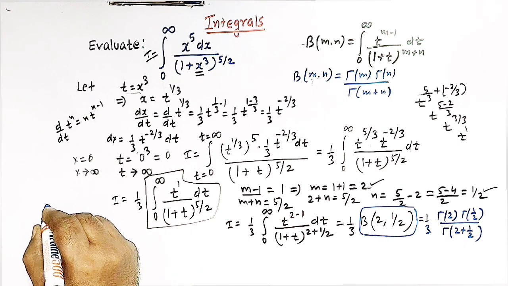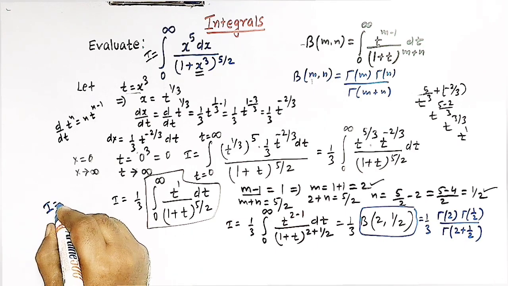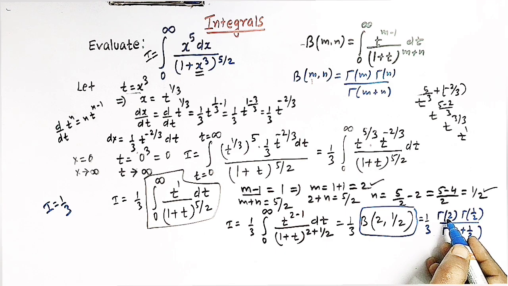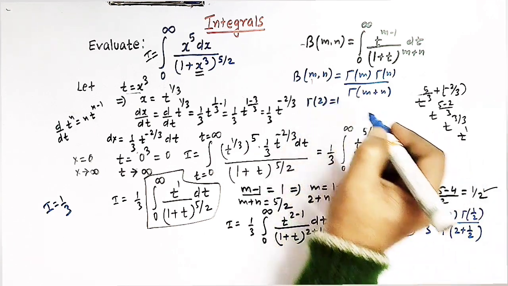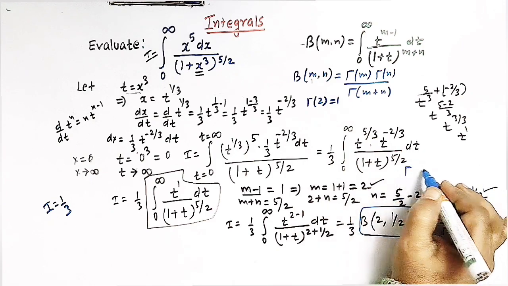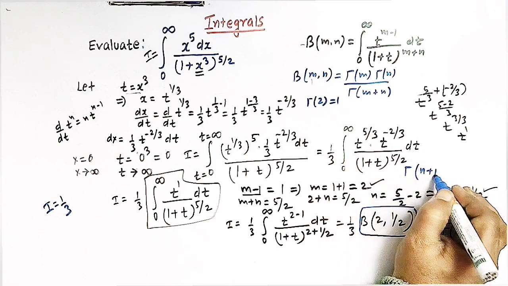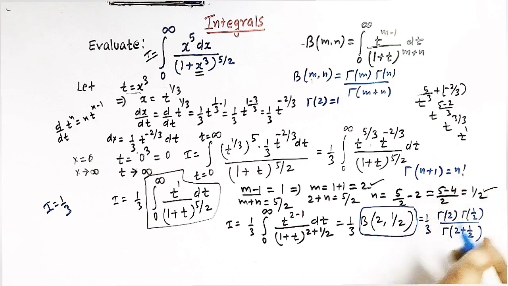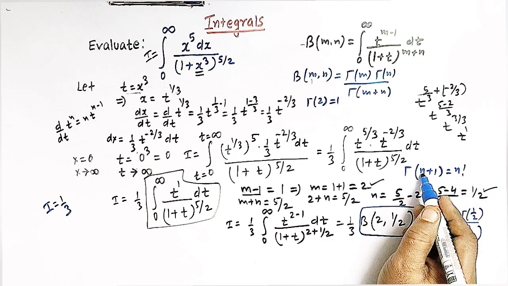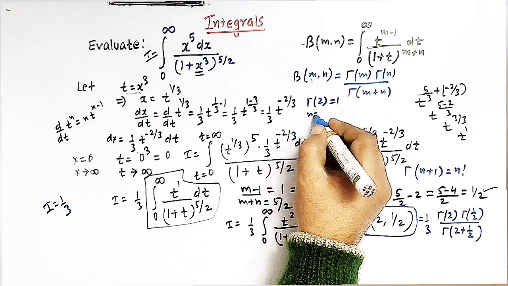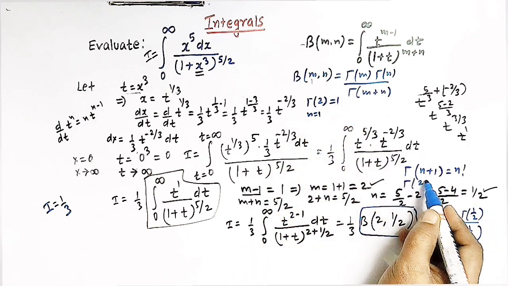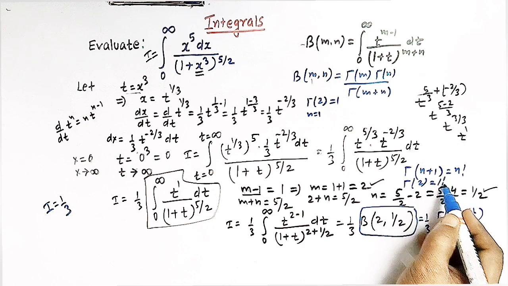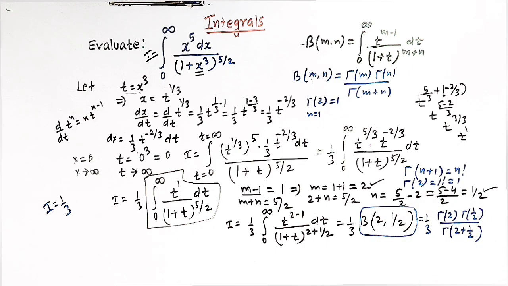So we can now write the value of I as 1 over 3, and gamma 2 is equal to 1, because here we can use this result gamma of n plus 1 is equal to n factorial, where n is some positive integer. So if we take n is equal to say 1, then here we have 1 plus 1, 2. So gamma 2 is 1 factorial, that is simply 1.